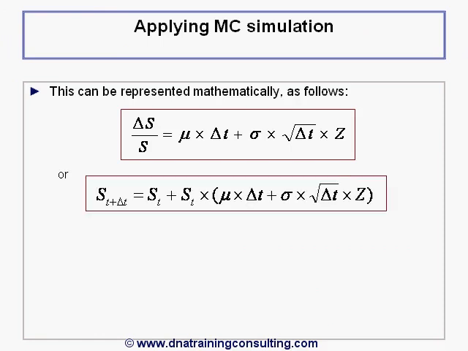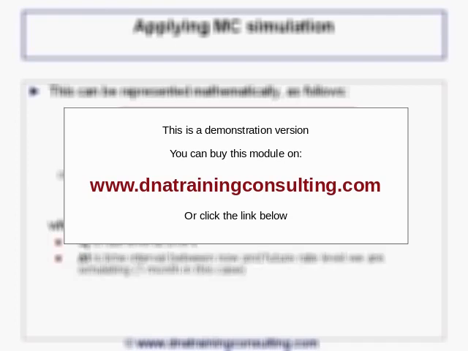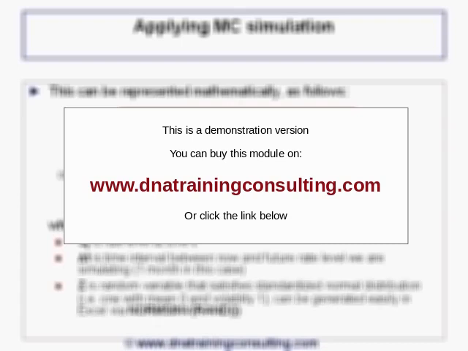Or alternatively, where S_t is the rate level at time t, delta t is the time interval between now and the future rate level we are simulating, 1 month in this case, and z is a random variable that satisfies a standardized normal distribution, i.e. one with mean 0 and volatility 1. This can be generated easily in Excel via the function NORMSINV(RAND()).